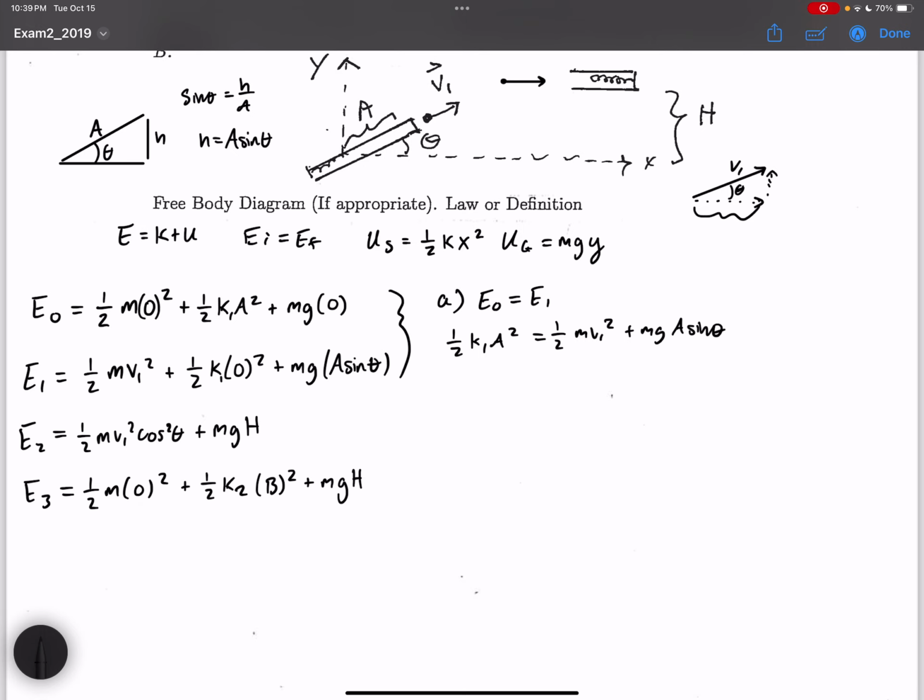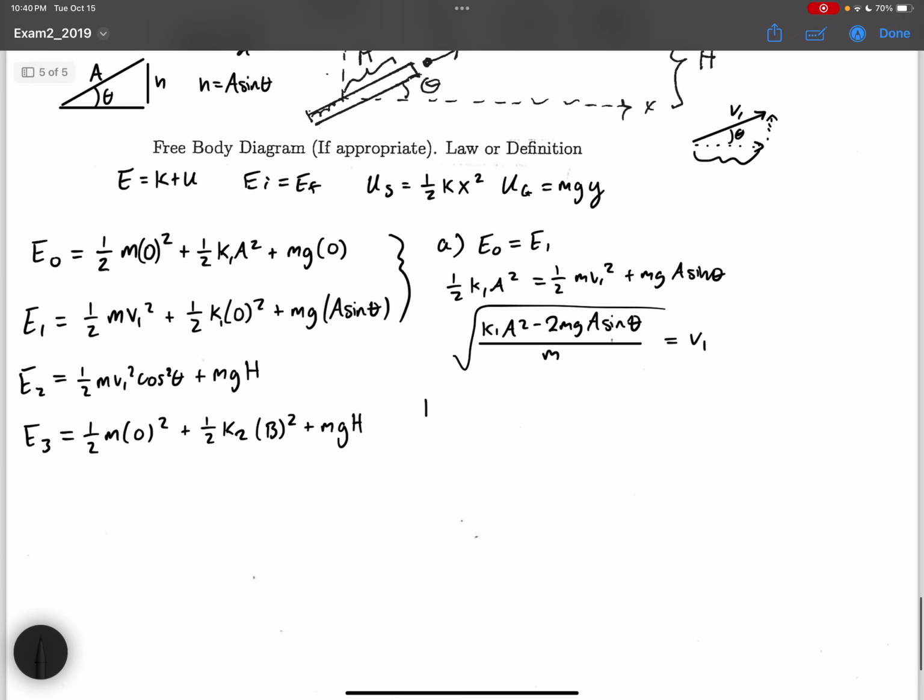Go ahead and multiply by 2, so we would have K1 A squared minus 2 M G A sine theta, all divided by M, and then take the square root to solve for velocity. So there we go, that's equal to velocity. That's all I really did there: multiply by 2 to get rid of the 1/2, then subtract this M G A sine theta over, divide by M, then take the square root.